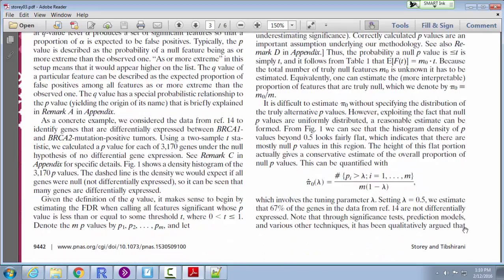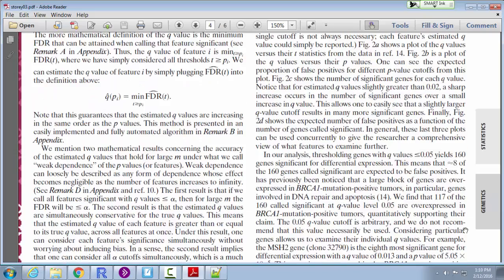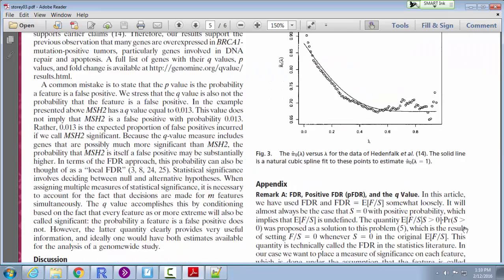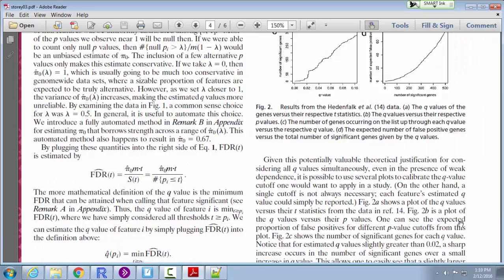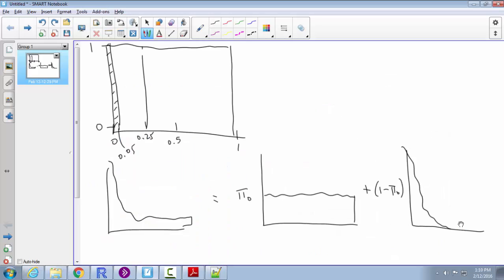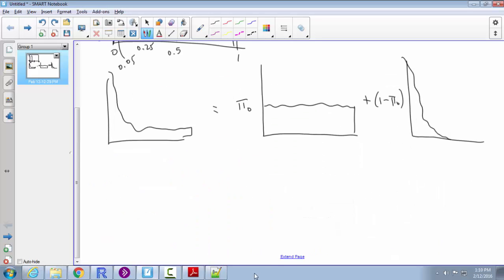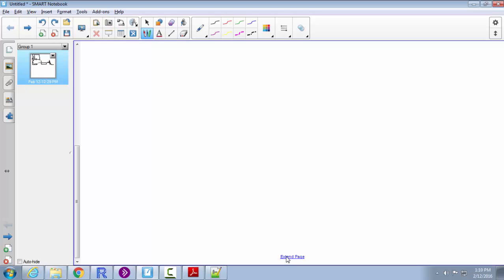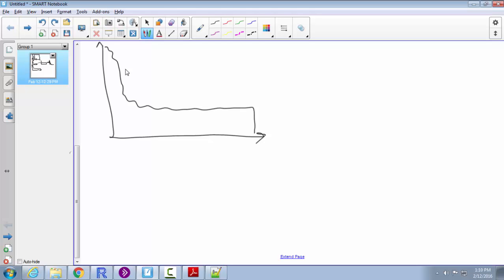And then here's what we can do. Here's a histogram of p-values. We've got a mixture of differentially expressed and non-differentially expressed features.